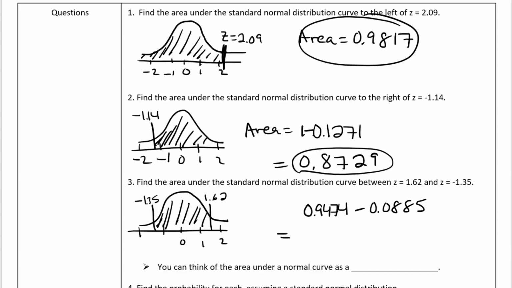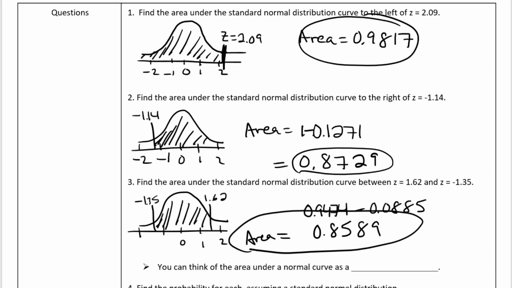Let's figure out what that area is on the calculator. So 0.9474 minus 0.8589. All right, and that will be the area between those two.